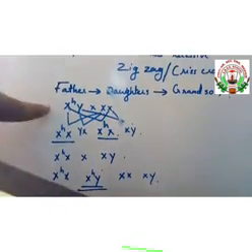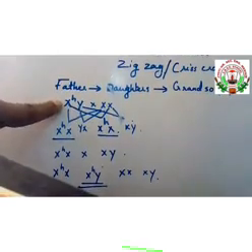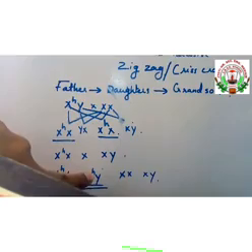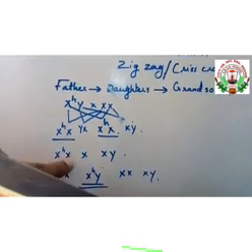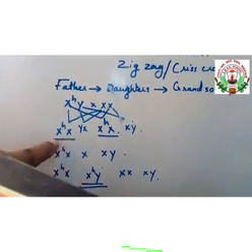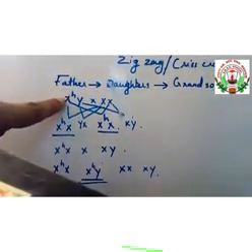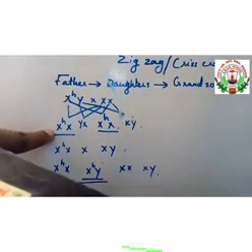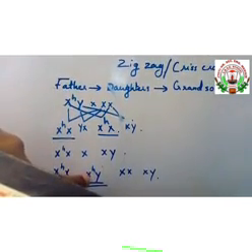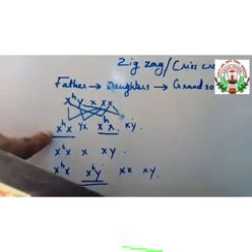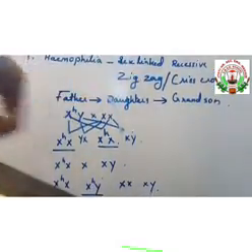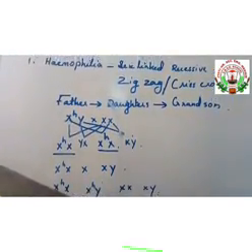So the grandfather transmitted this disease to the grandson through the daughter of this father. Fathers transmit it to the grandson through what? Through the daughters. So this is also known as zigzag inheritance or crisscross inheritance.